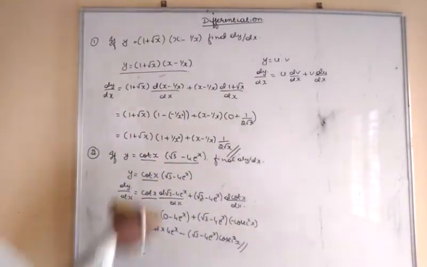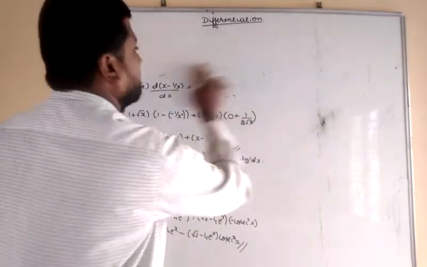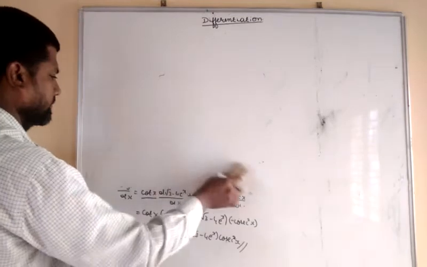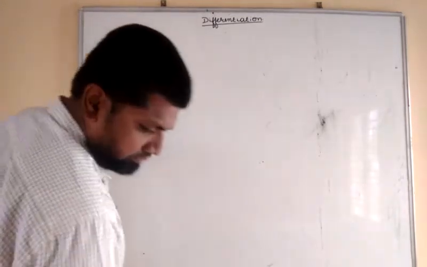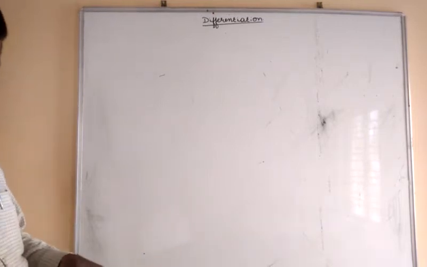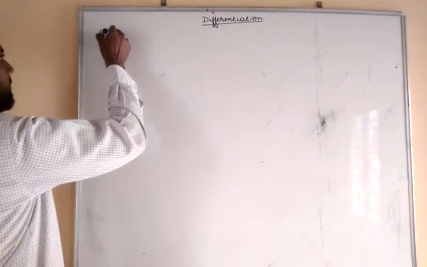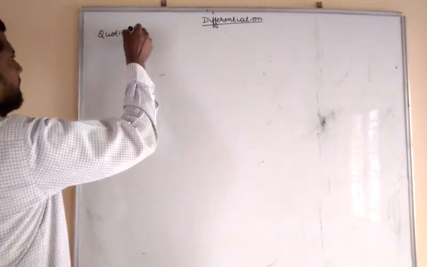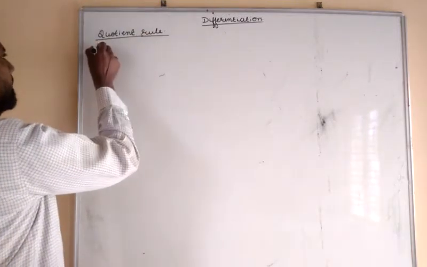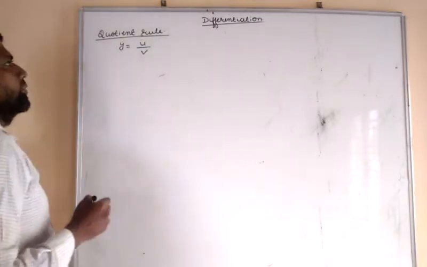Okay, so now let us go for the next rule, quotient rule. The function is in the form of a fraction, u by v, numerator and denominator.